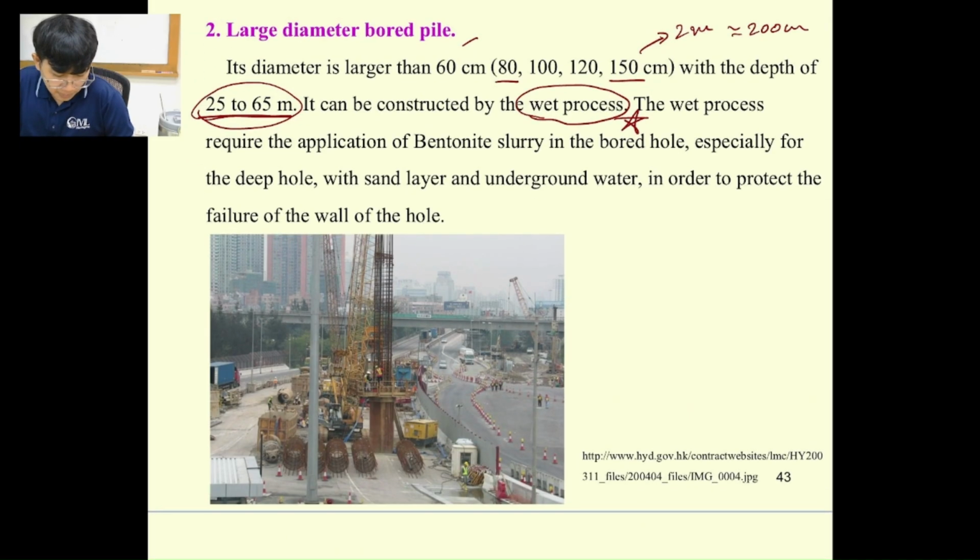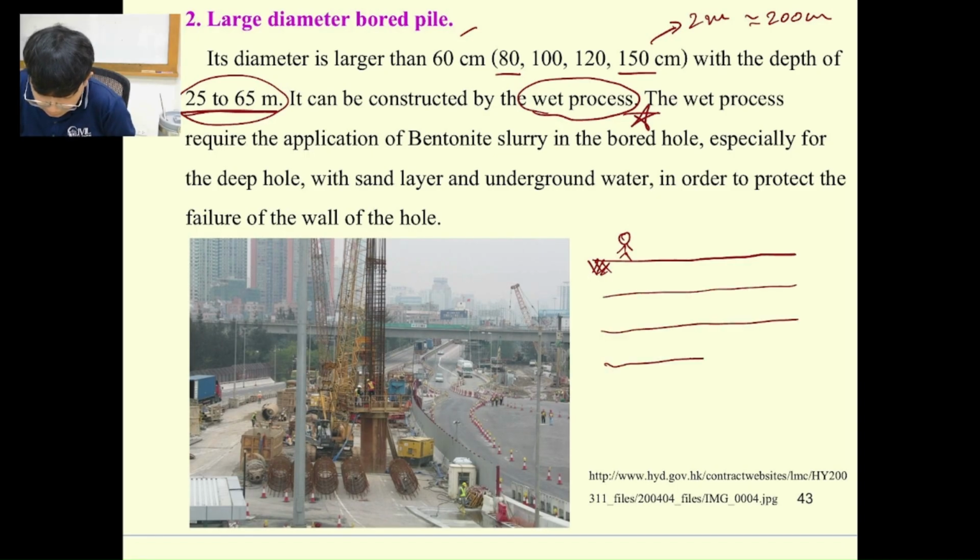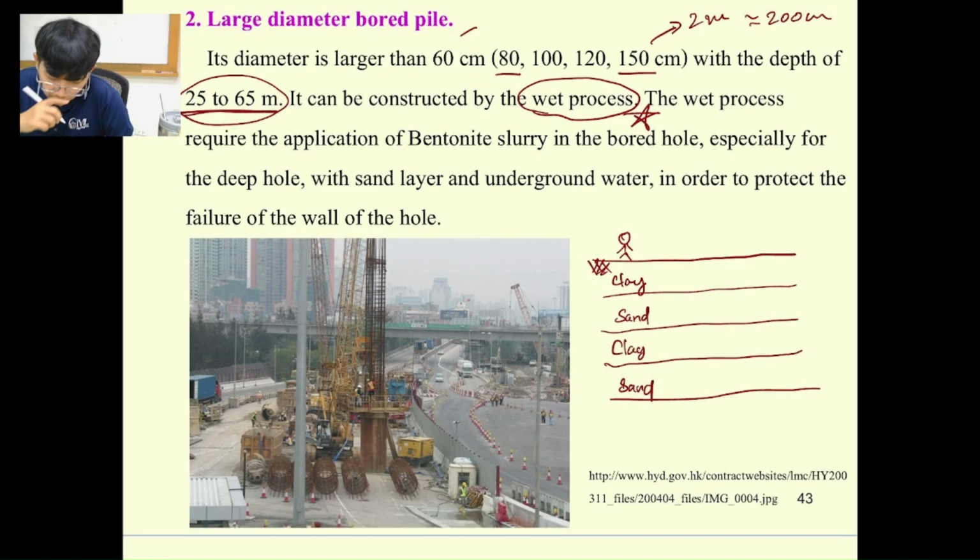But with the large diameter bore pile, you need to be careful a little bit. You know that under the ground we have a lot of types of soil. For example, this one is clay, this one is sand, sometimes clay again, then sand.